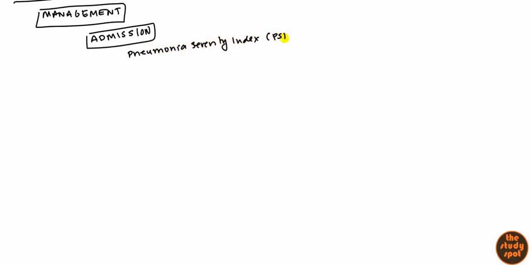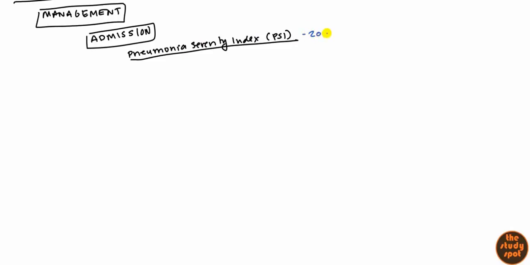So when you come across a patient where you're suspecting pneumonia, one of the first things you need to decide is whether you need to admit or whether you can just treat this patient as an outpatient. Oftentimes that can be difficult. So there are 2 criteria that you can use. Either the pneumonia severity index, which is also PSI.